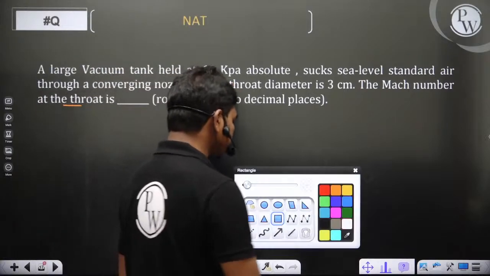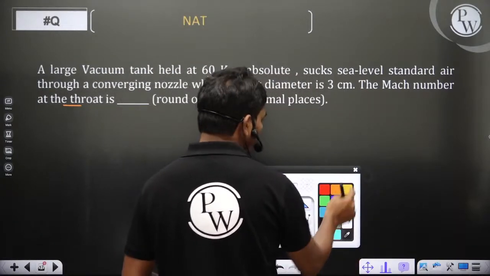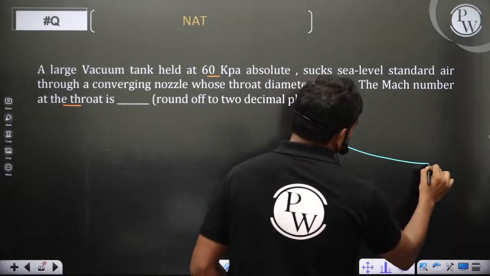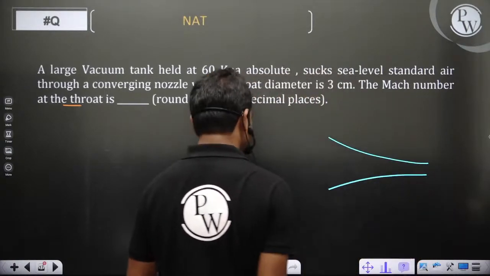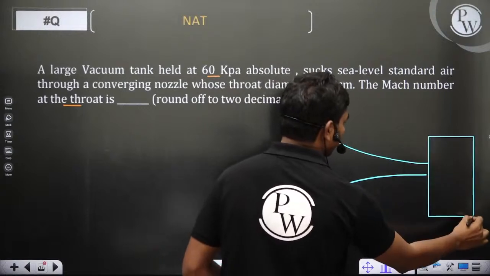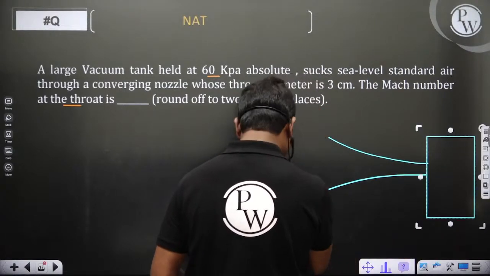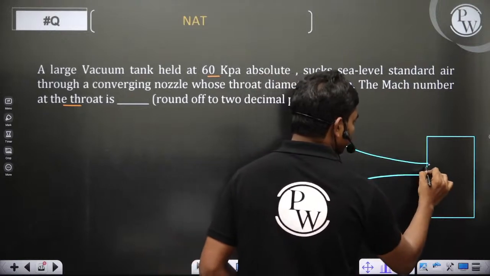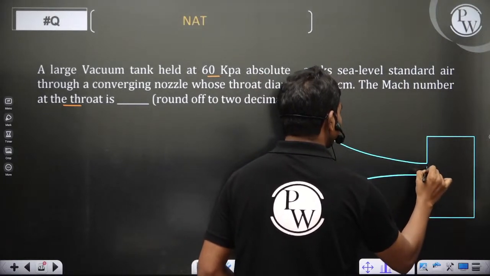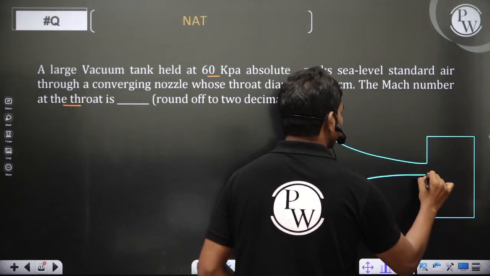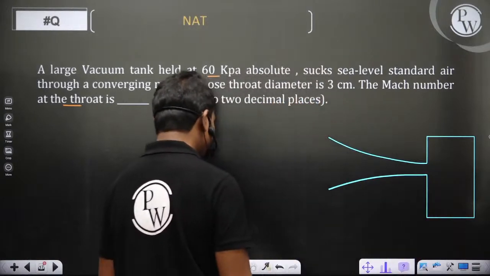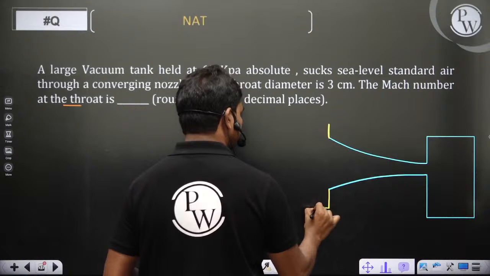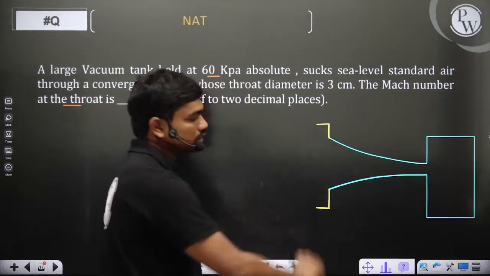See here, there is a converging nozzle like this. Now this converging nozzle is discharging into a tank, and it is taking air from the atmosphere.